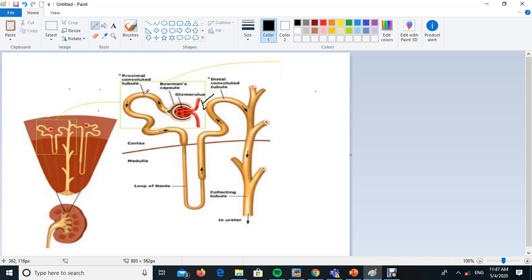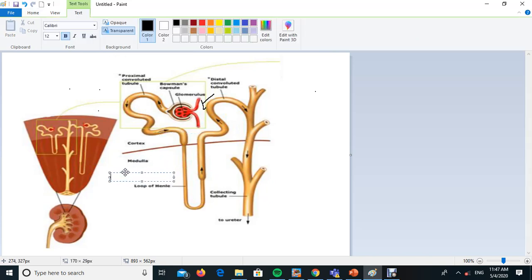So here, what is collected now? We have urea, salts, water, glucose, and urea. All of these materials are squeezed out of the blood to the nephron.